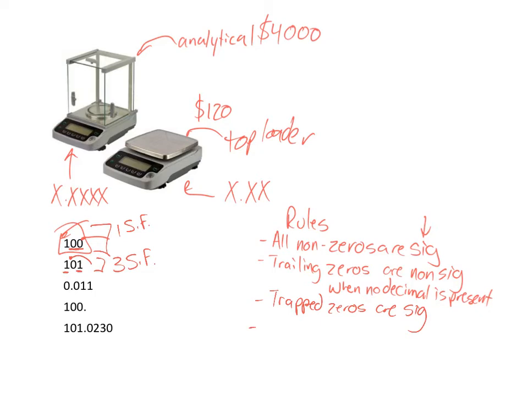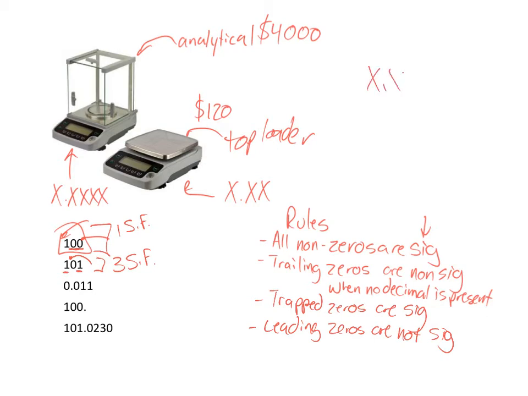Next rule, leading zeros are not significant. You can kind of think of this in terms of scientific notation, and it's one of the reasons why scientific notation is used so much: it allows us to easily track sig figs.